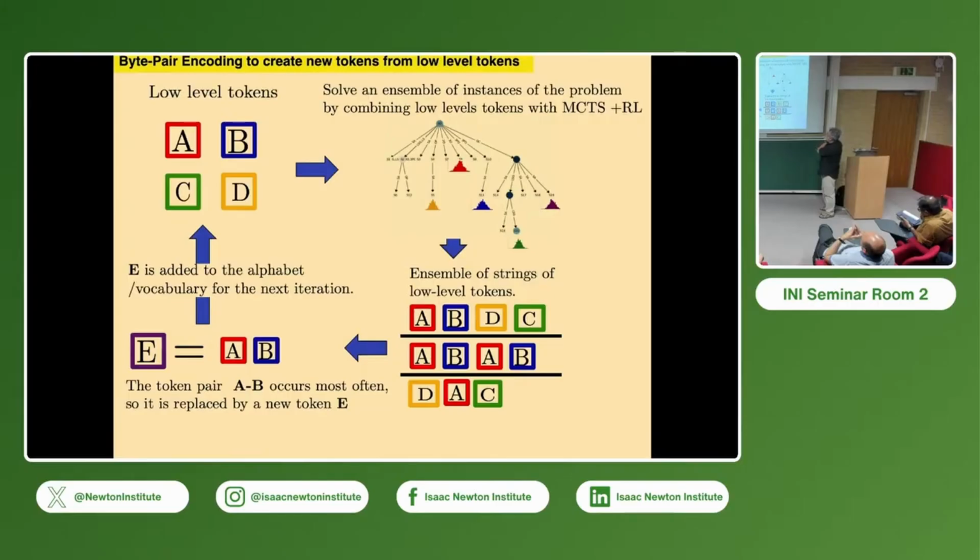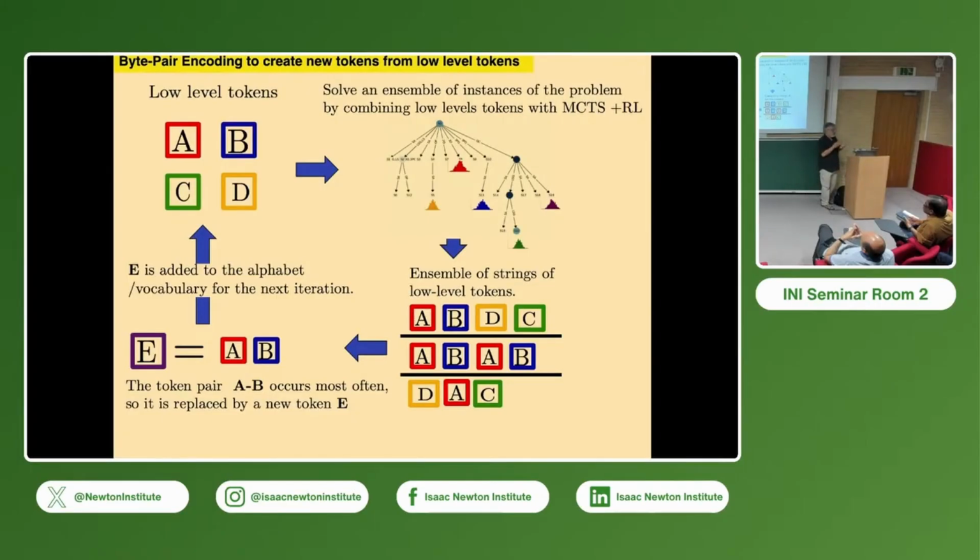Out of this, we're going to get an ensemble of strings of low-level tokens, or if you want, an ensemble of algorithms. And the token pair that occurs most often in this ensemble of strings is going to be replaced by a new token. So for instance, if you see that the action AB occurs most often, then we're going to call this a new token E, and then this E will be added to the alphabet of vocabulary for the next iteration. Okay, simple.